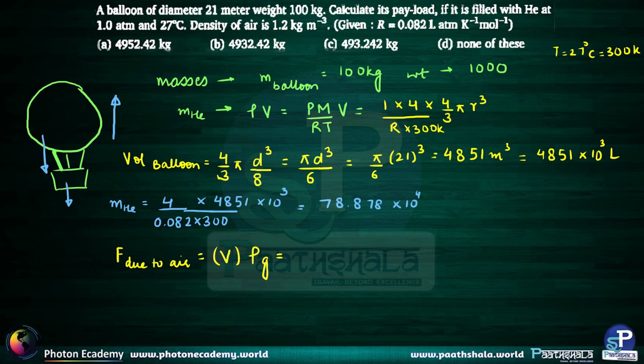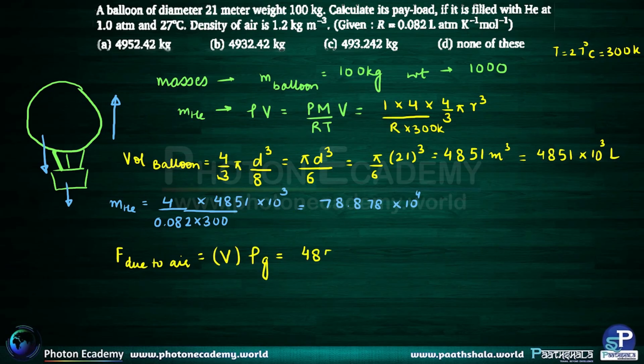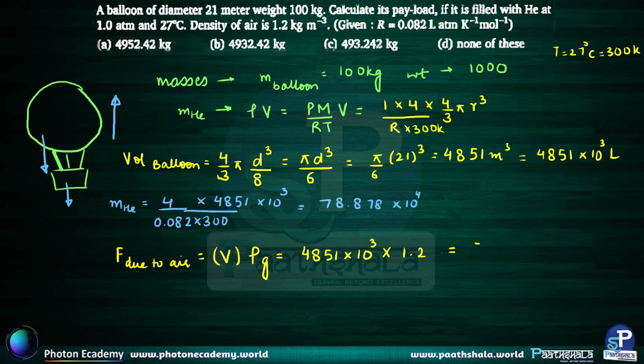So the volume of air displaced is same as the volume of the balloon. So it will be 4851 into 10 cube, and the density of air is 1.2. Okay. So this comes out to be 5821.2 kilograms, because all this was in grams, right?